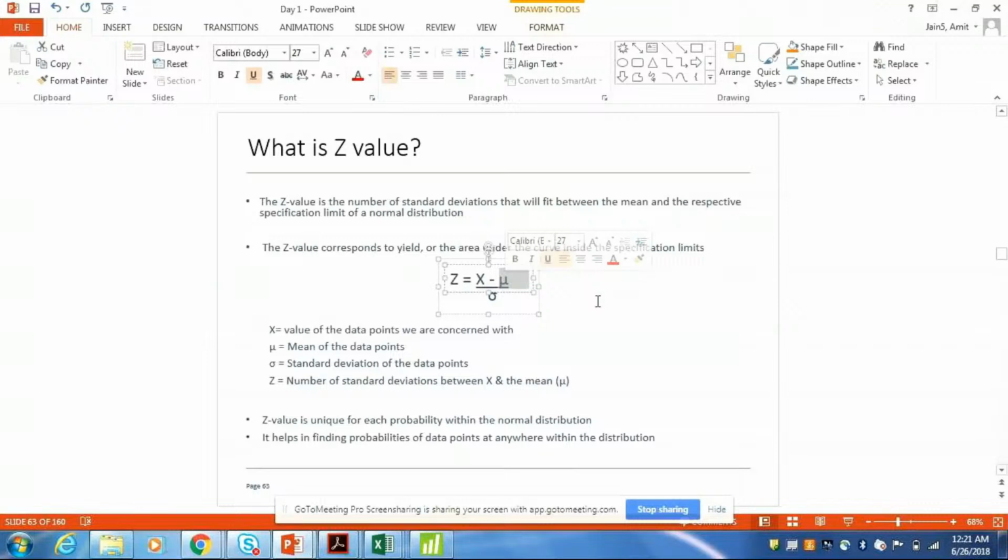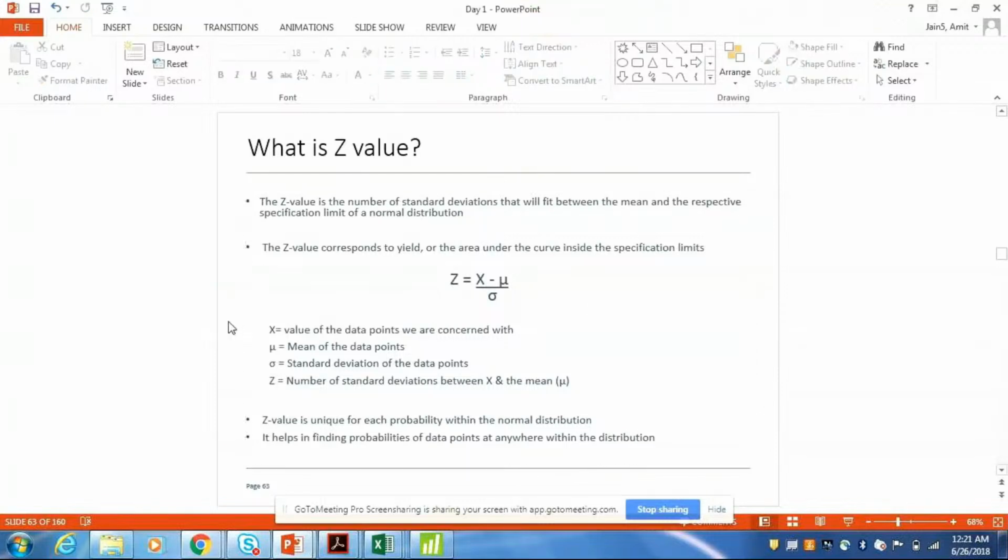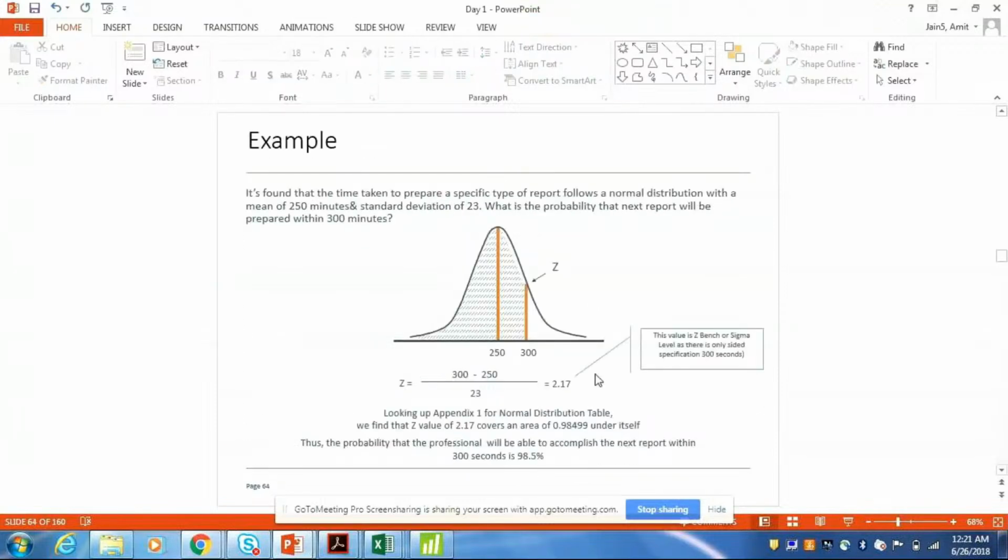So if you look at the formula here, it is the specification limit minus the mean. If you fit in the standard deviation, what is the value you should get? Ideally you should get a value of 6 if it's a 6 sigma process. So this is what the formula is telling us.